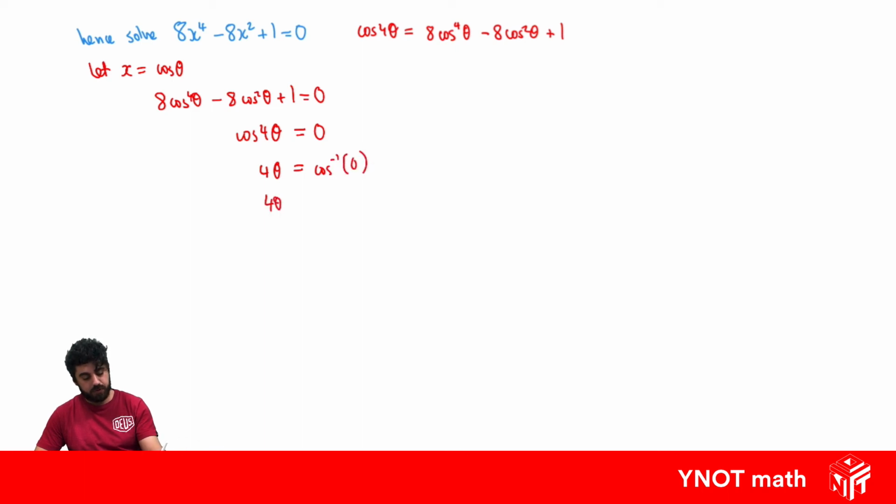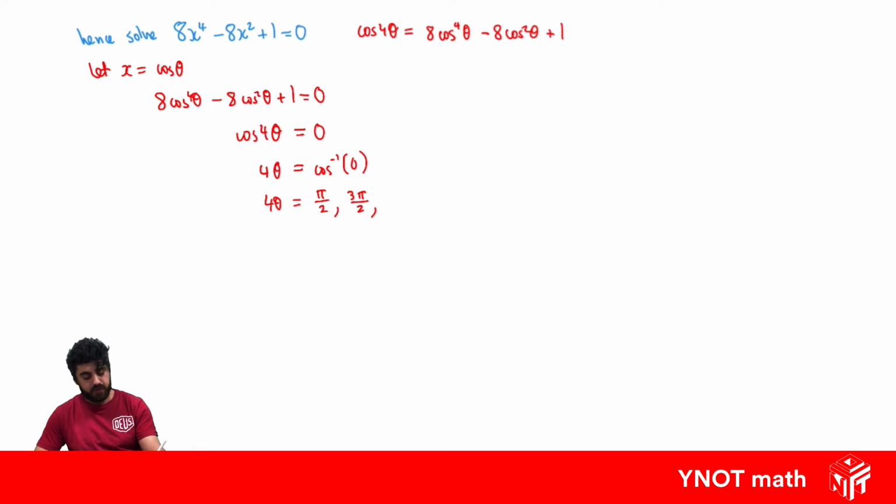So we have 4 theta equaling, so cos equals 0 when we have pi on 2, 3 pi on 2. Let's go around one more time. So we'll add 2 pi to both of these answers.